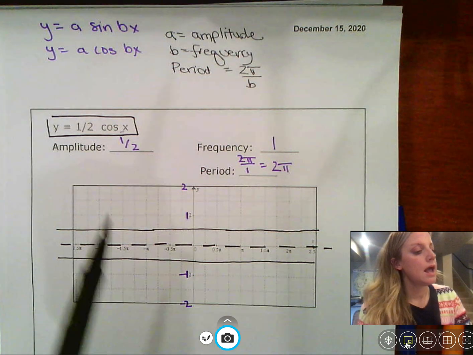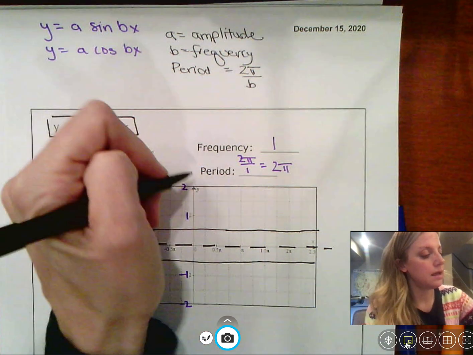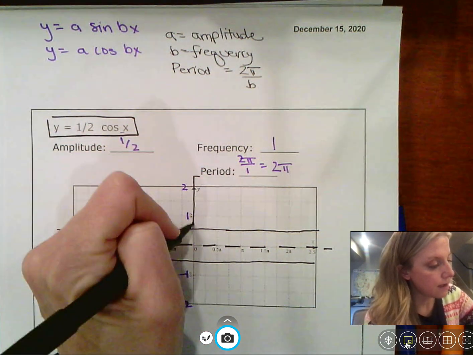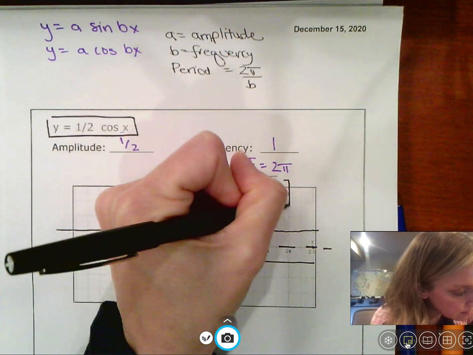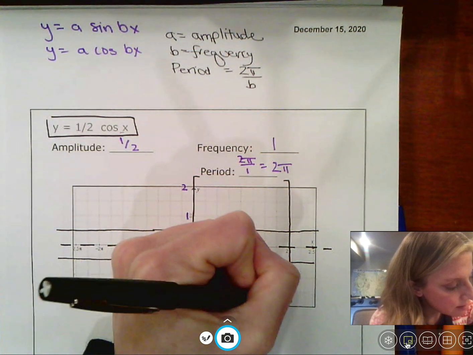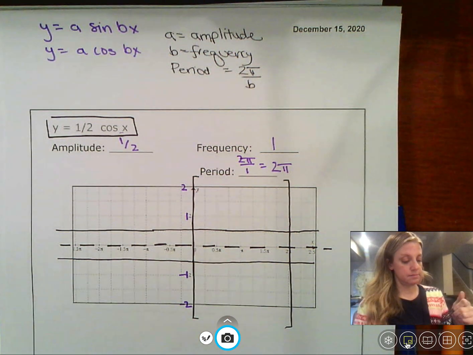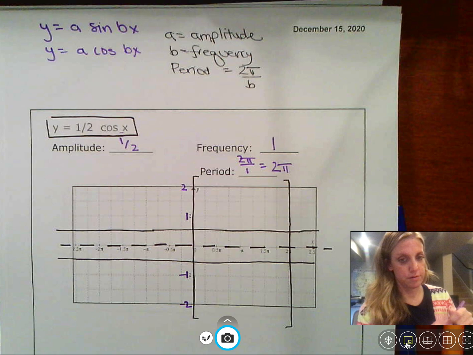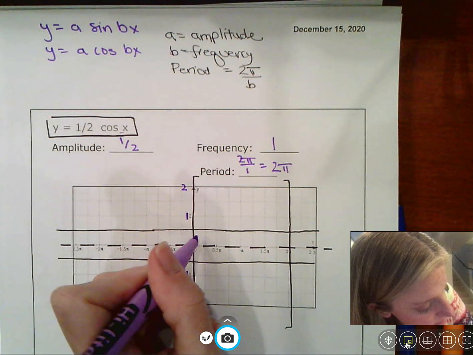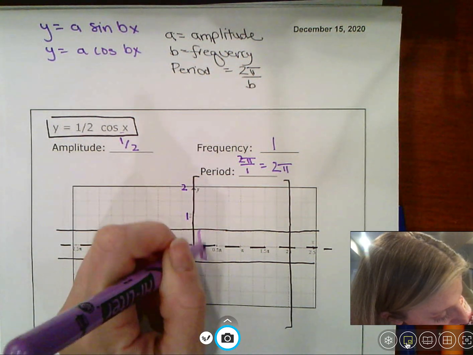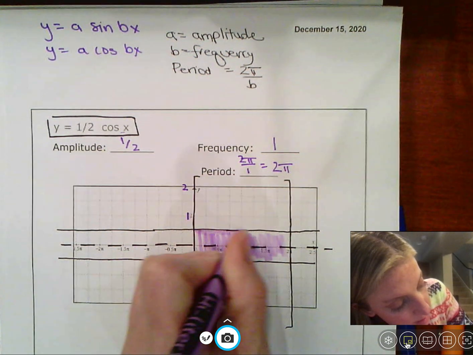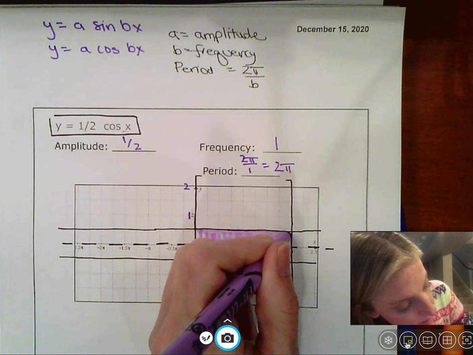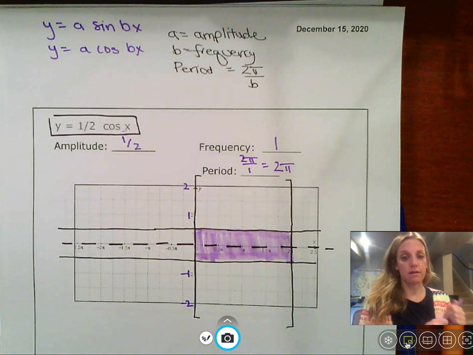All right. With a period of 2 pi, we know that we start our graph on the y-axis, and we will go 2 pi before we get a full cycle through. I'm going to highlight this little box I've created, which helps me know where my cosine graph is going to go.